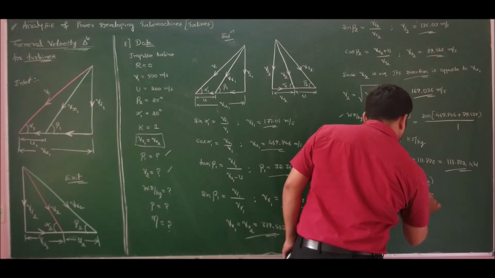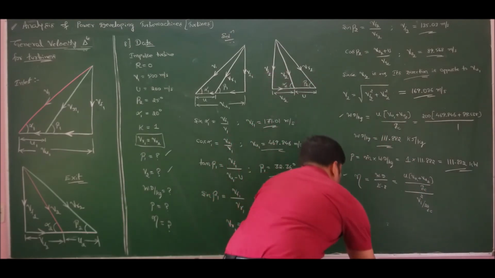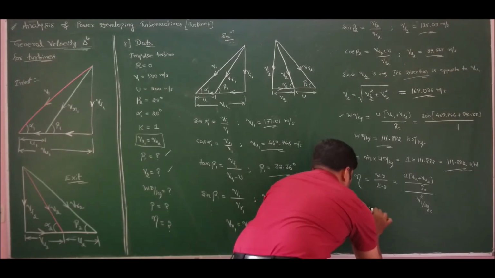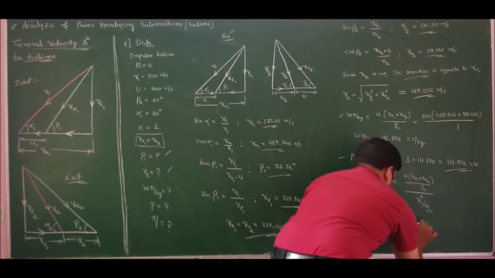Energy supplied per kg is V1 square by 2GC. So therefore, efficiency will become 2 into U of VU1 plus VU2 divided by V1 square for impulse turbine.